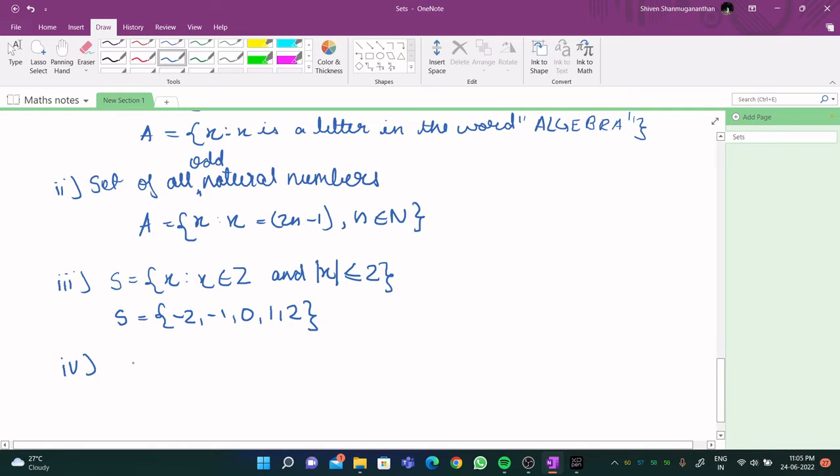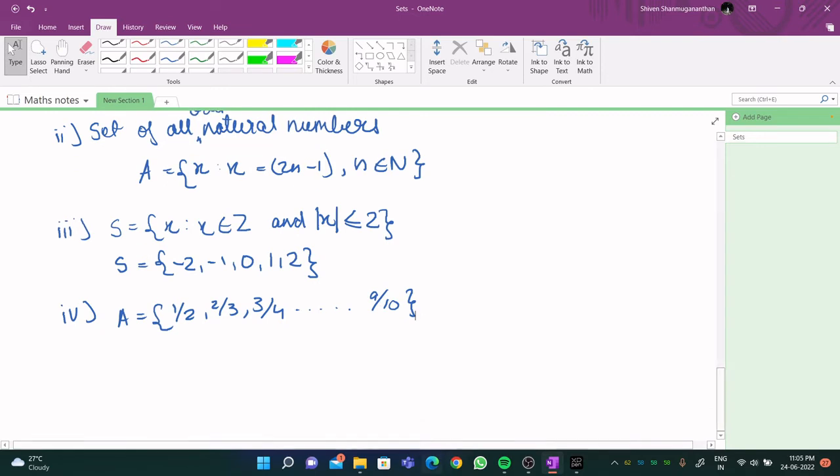Let's say we have the set A is equal to 1 by 2, comma 2 by 3, comma 3 by 4, all the way up to 9 by 10. We have to represent this in the set builder form.